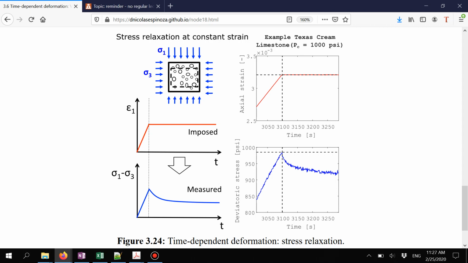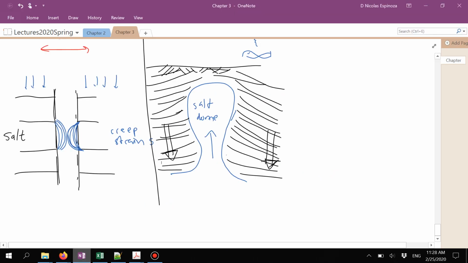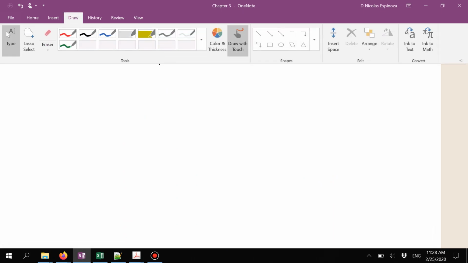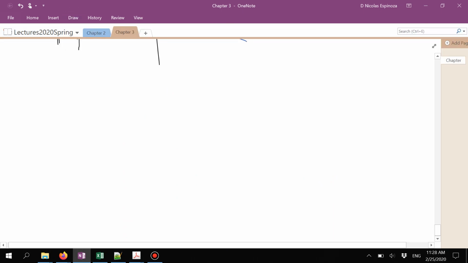I hope you remember when we talked about tectonic strains, and we used a simple model in which we predicted what would be the horizontal stress with a tectonic strain. Let me come back to the notes. In this case, for example, let's say we have a reverse faulting regime.